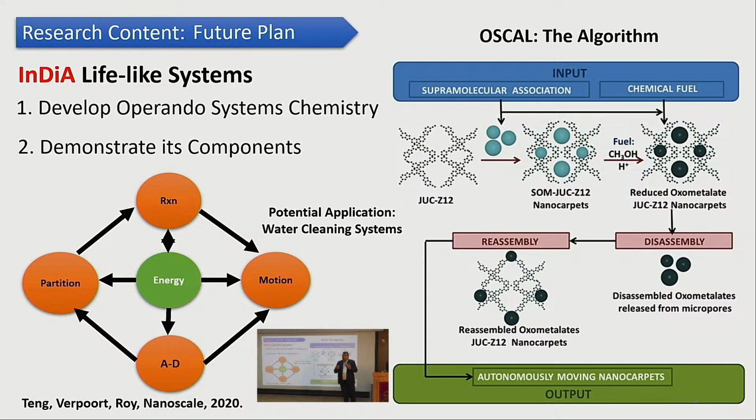This would then reduce the interaction between the porous organic framework and the SOMs, and thereby there will be disassembly, right? So they will be moving away from each other, and that is exactly what happens. So there is a disassembly, and the disassembled oxometalates are released from the micropores, and this as an output gives you autonomously moving nanocarpets.